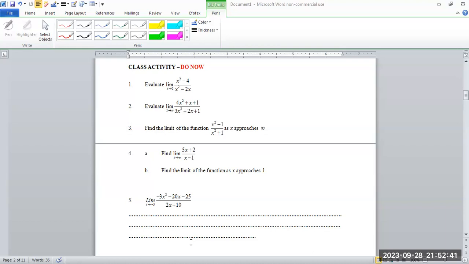Number 1 you're asking for, right? Isn't that 2? Very good. Number 1, the answer is 2. Answer is indeed 2. What is it that you get for the second question? 4/3.